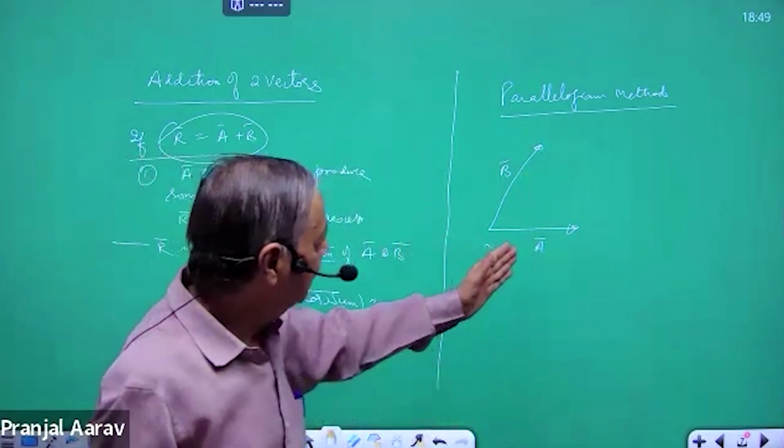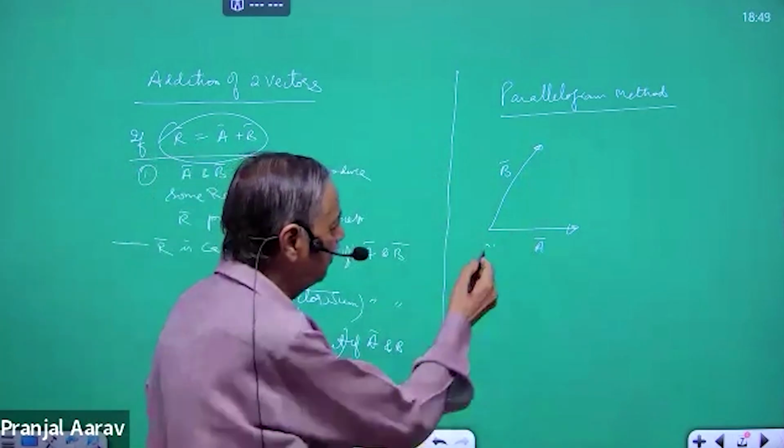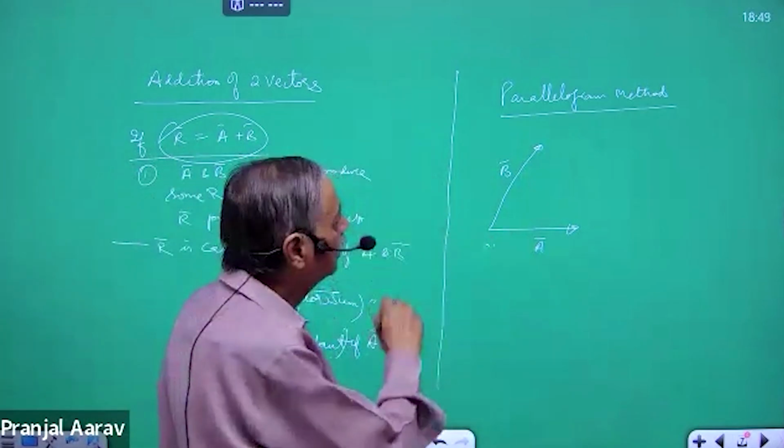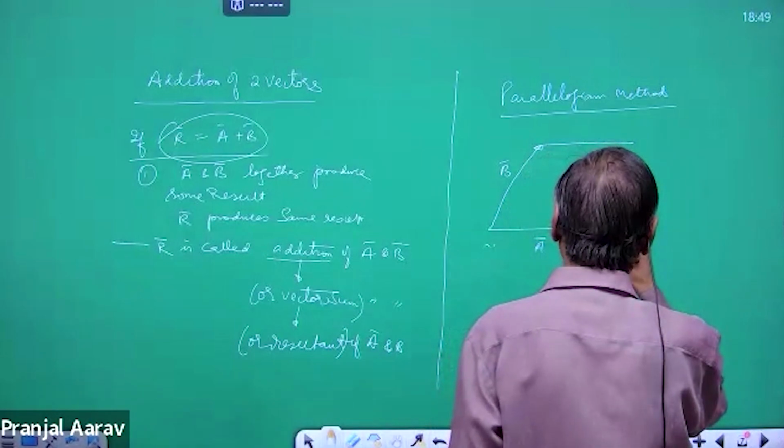We are writing A vector and B vector together. They are starting from this point. Then I'll complete the parallelogram.